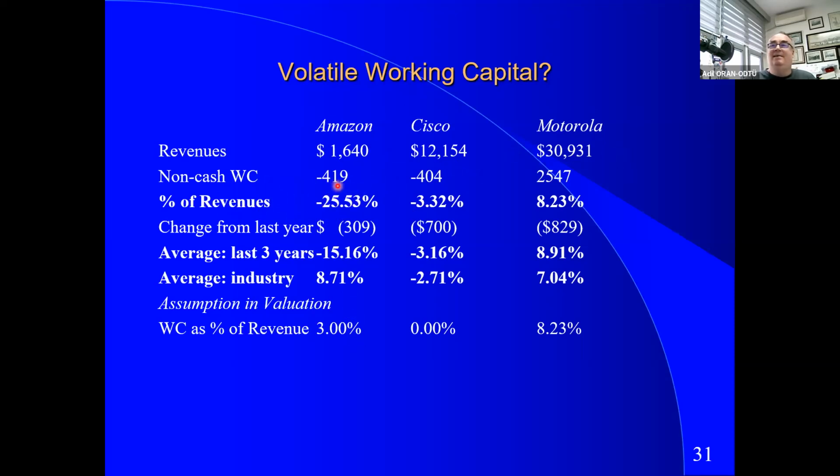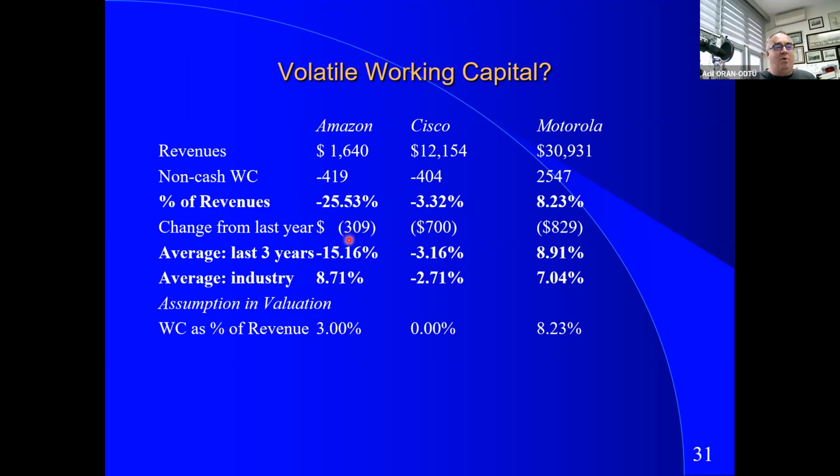This is, again, before Amazon became as big as it is now. So now it probably would be a much smaller percentage. Cisco, this is only about 3% of their revenue. So yes, it is a negative working capital amount, but it's not a big proportion of its revenues.